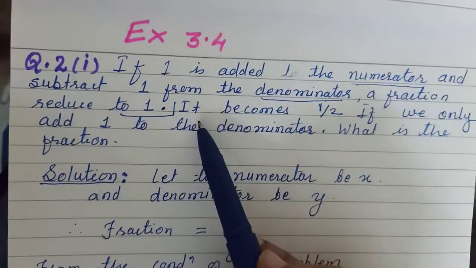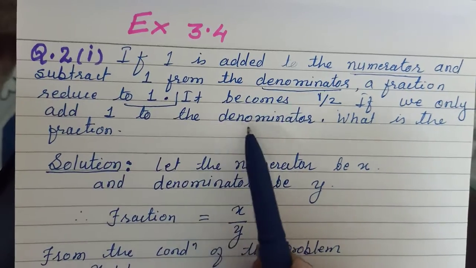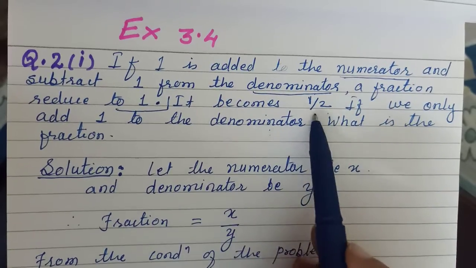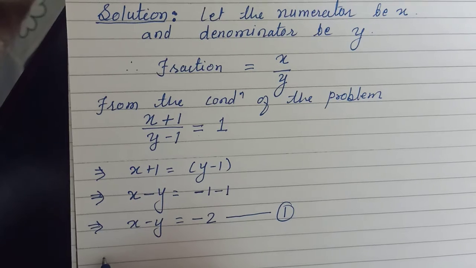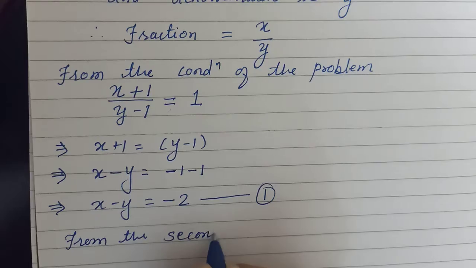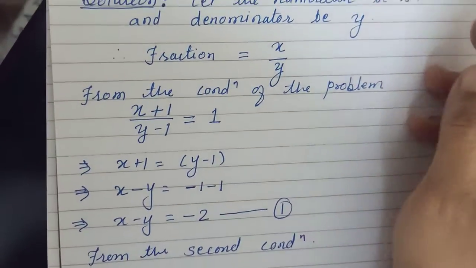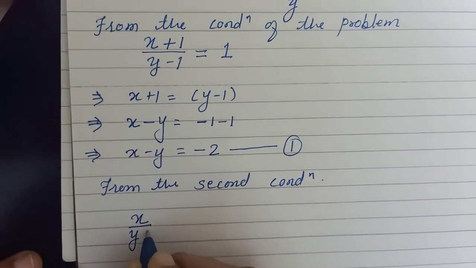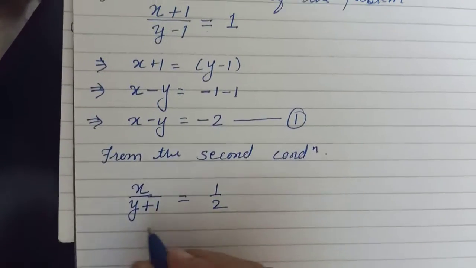Now the second condition is: it becomes 1 by 2 if we only add 1 to the denominator. So this is our fraction x upon y, and if you only add 1 to the denominator, it becomes 1 by 2. So we will solve this.